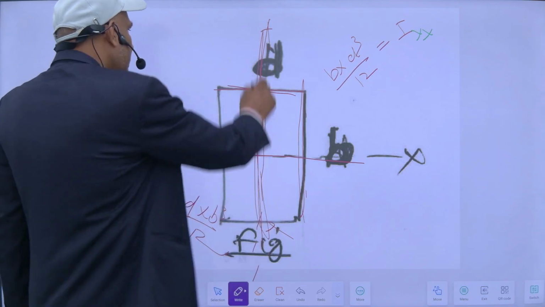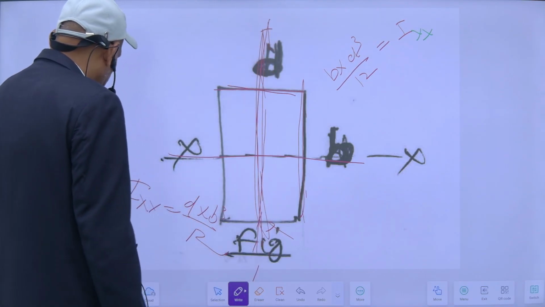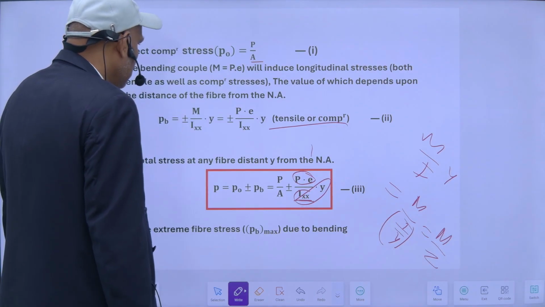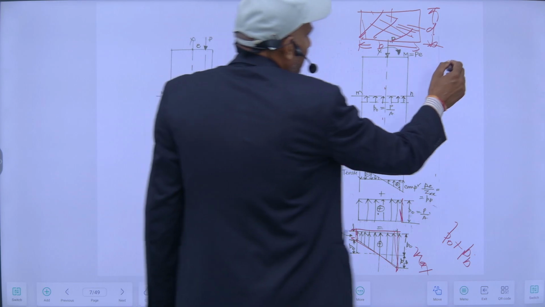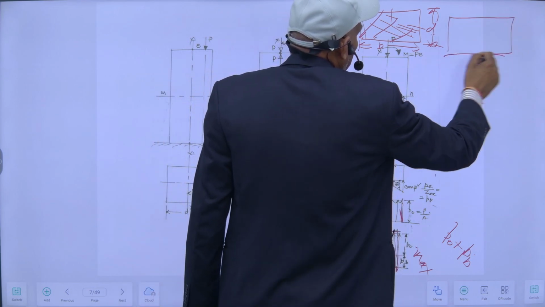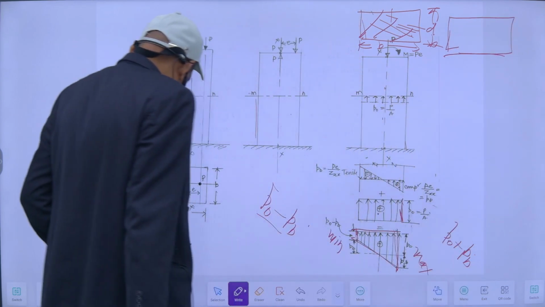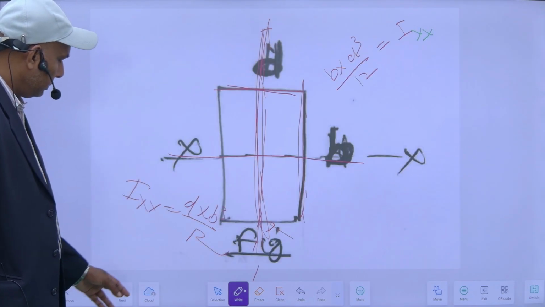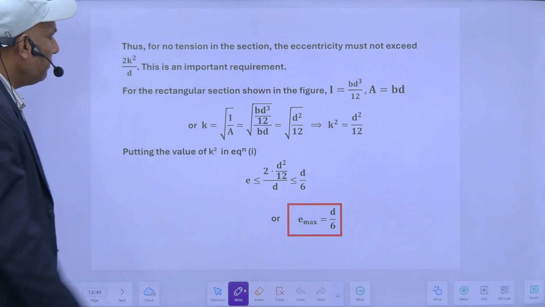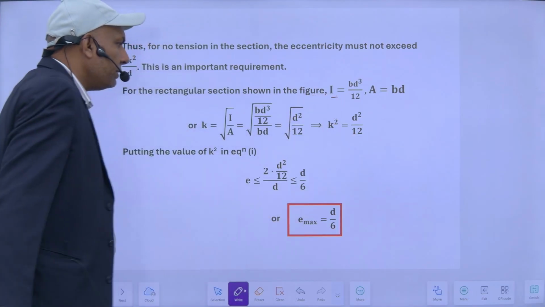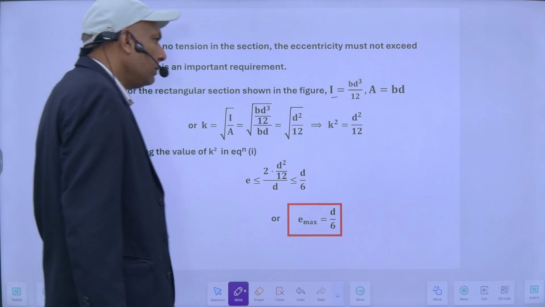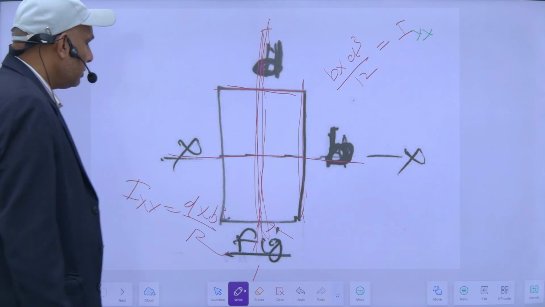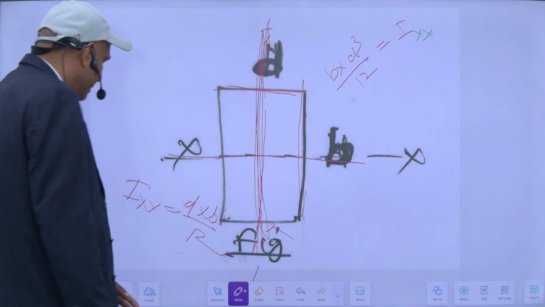So for the rectangular section shown in the figure, my moment of inertia along this axis will be BD cube upon 12.